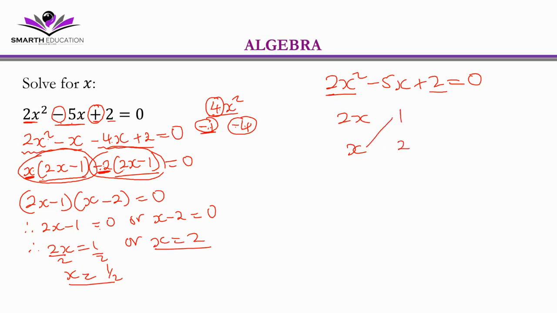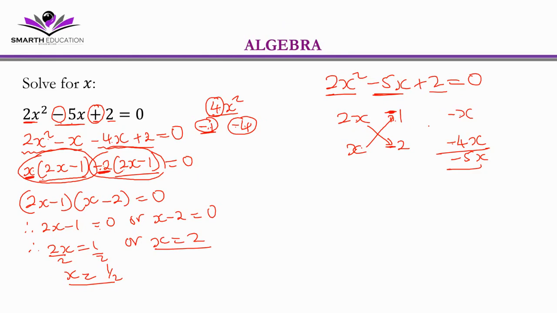And then we multiply this. 1 times x is x, 2x times 2 is 4x. Now to get negative 5x, it means this must be negative x and negative 4x. So it should be x times negative 1, so this should be negative 1, and also 2x times negative 2, so this should be negative 2. And then we get negative x minus 4x, which is negative 5x, which is what we want here.